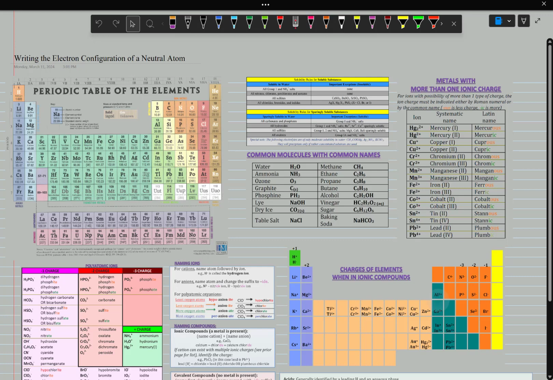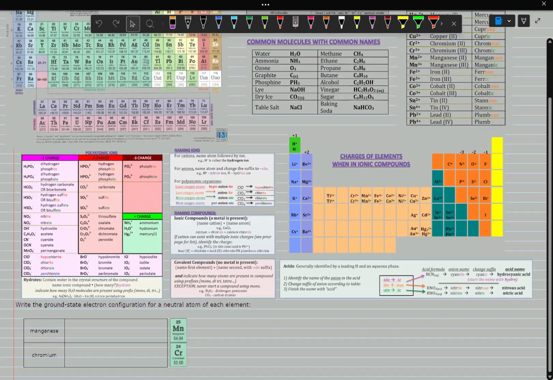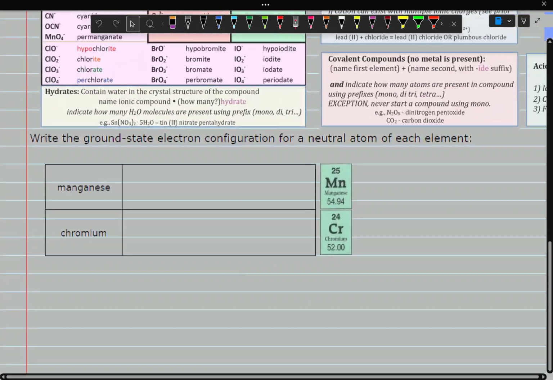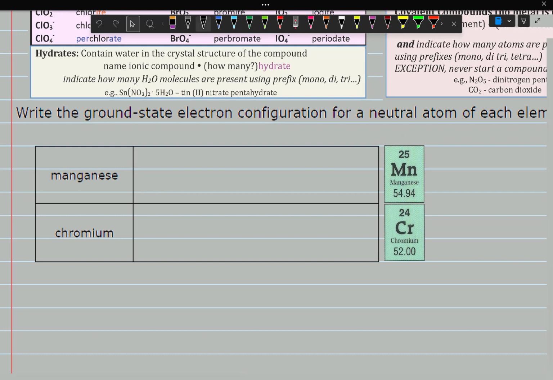This one we're going to be writing the electron configuration of a neutral atom, which, considering this is the last video we're doing for Chapter 9, is something that you are probably already familiar with.